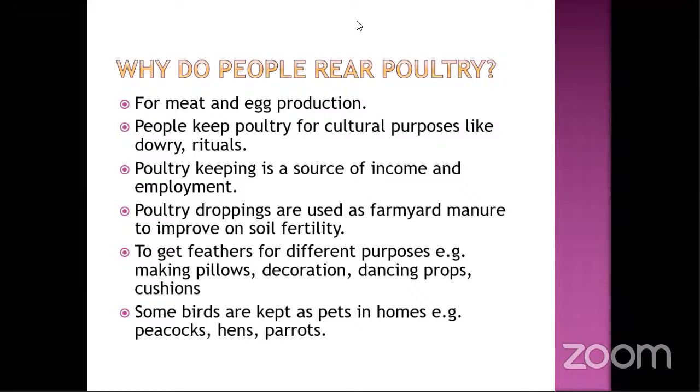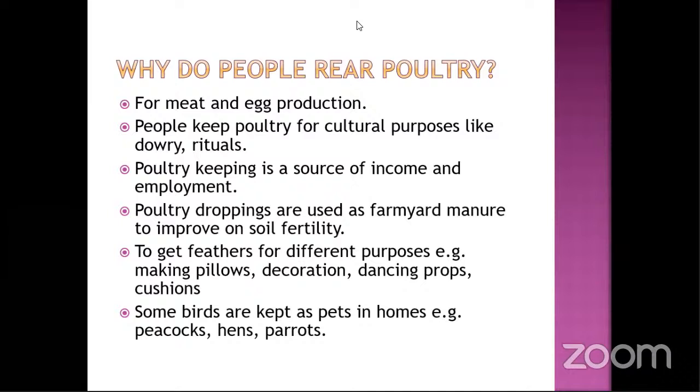I see answers are coming. Pets are domestic animals or birds kept at home. So all your ideas are good. Animals or birds kept for company. But you can also add another word, kept for fun.